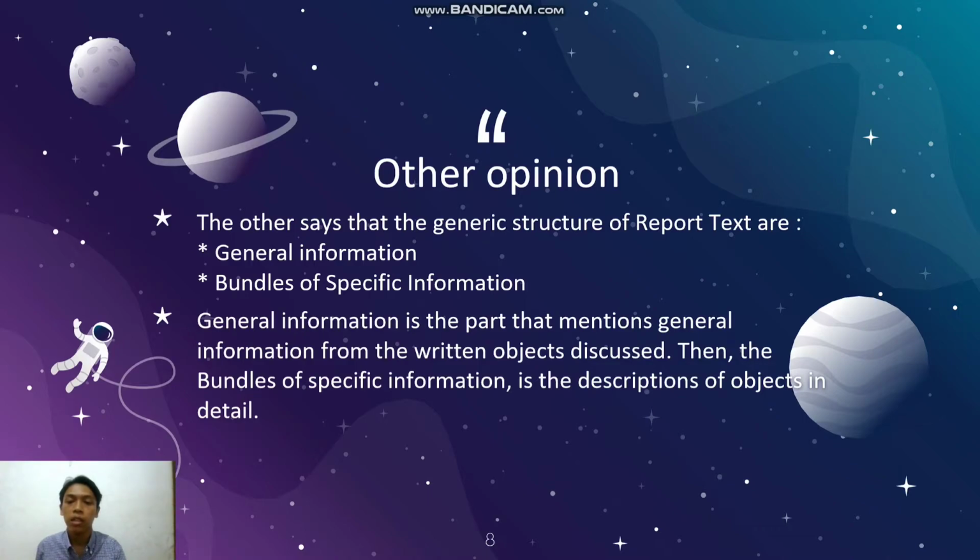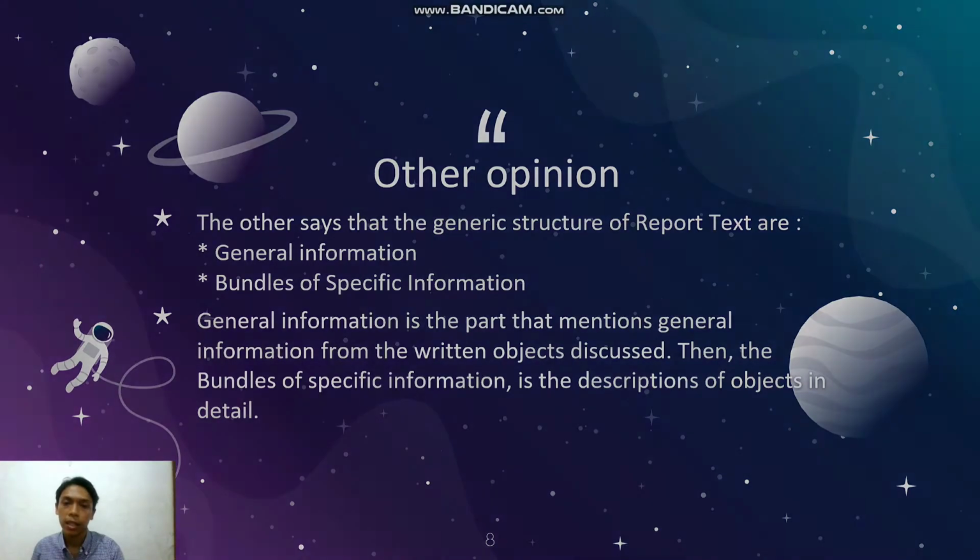Then, the bundle of specific information is the description of the objects in detail. I think this opinion is similar to the previous structure. General information is the same as general classification, and bundles of specific information is the same as the description. What do you think? I think they have a similar meaning.